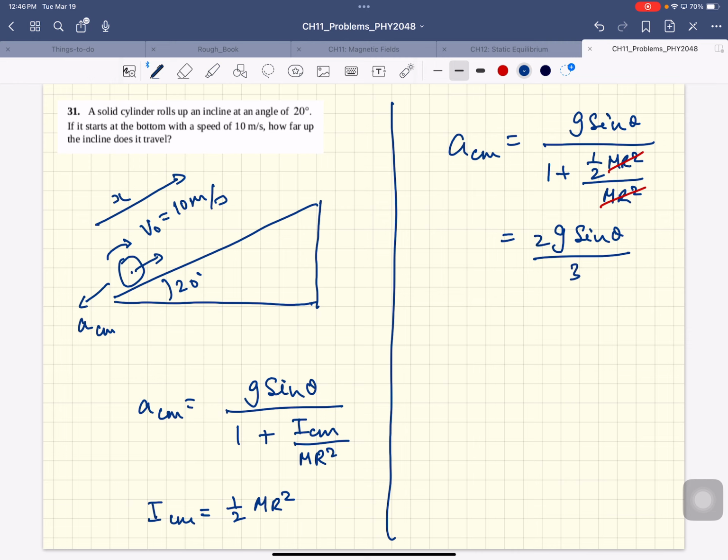One plus a half is 3 halves, so you get that. All right, so let's calculate this. 2/3 g is 9.8 sine 20.